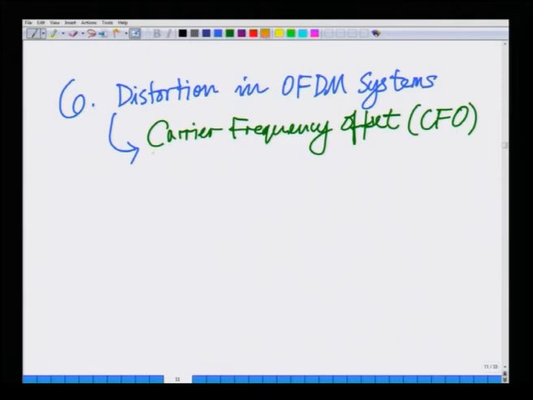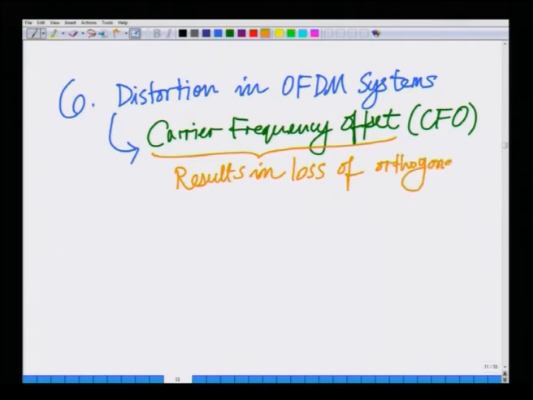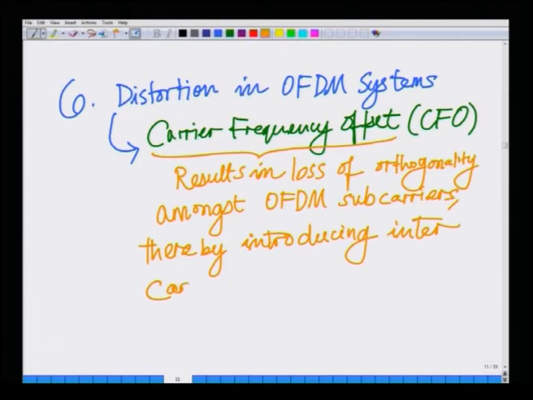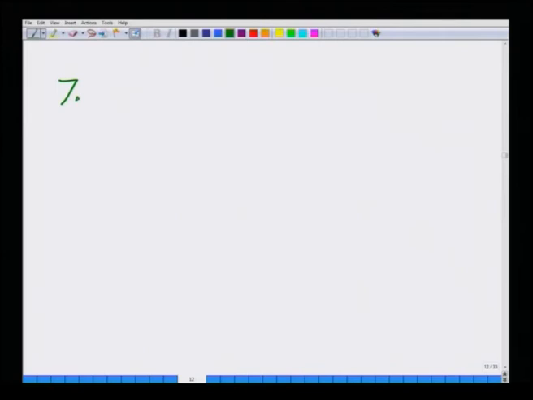This is a serious problem, we said, because this results in loss of orthogonality amongst OFDM subcarriers, thereby introducing intersymbol interference and intercarrier interference.